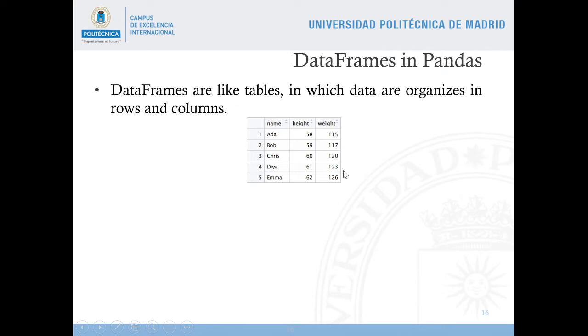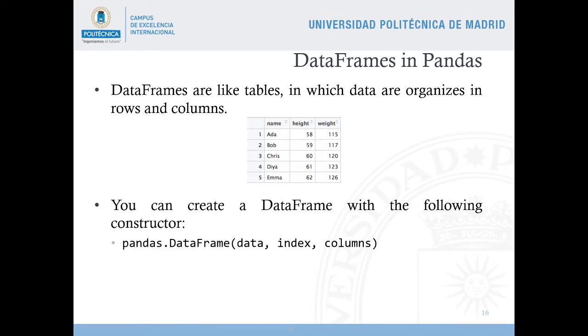We have here an example. You have the columns which are called name, height, weight. And then the rows, which are instances of a single person. We have here Ada, whose height is 58 and whose weight is 115, and so on. We can create a data frame with the following constructor.